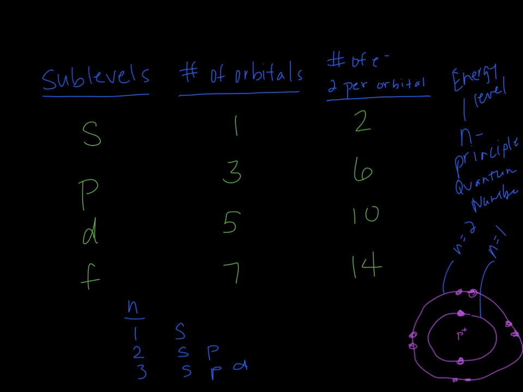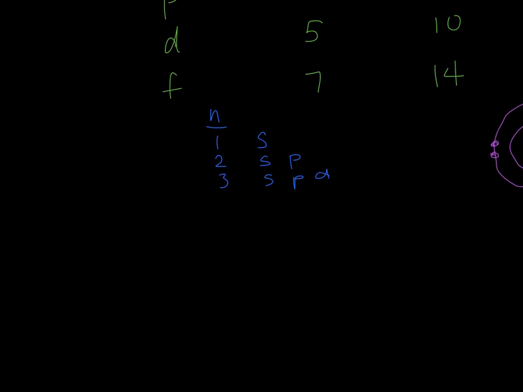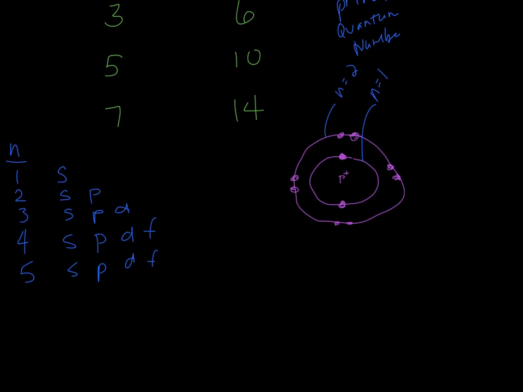And when n is equal to 4, we have an s, a p, a d, and an f orbital. When n is equal to 5, an s, a p, a d, and an f, and so on and so forth.